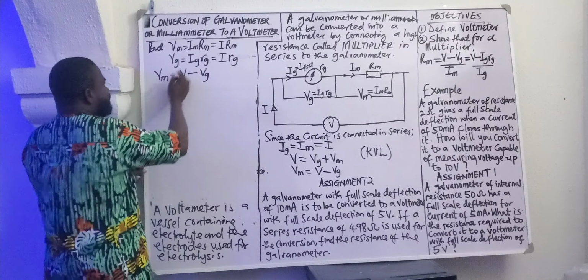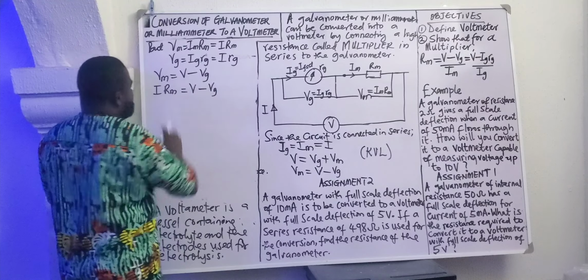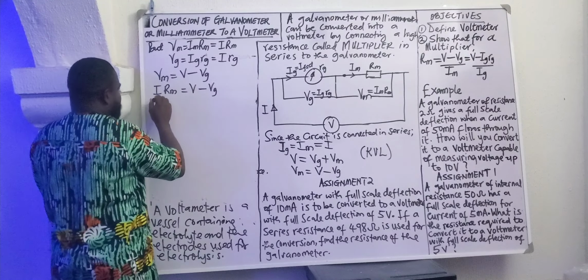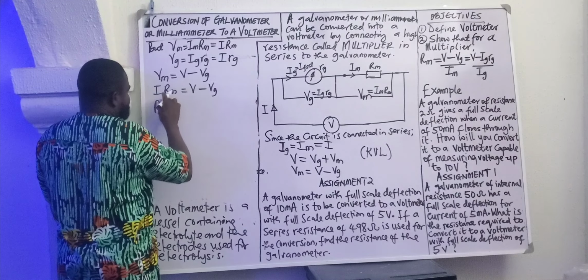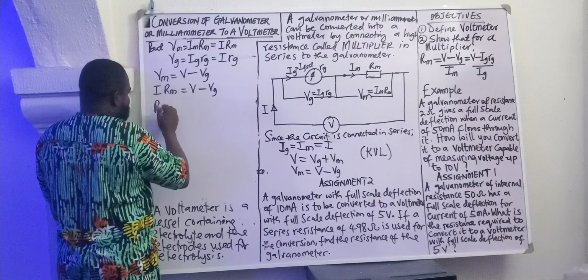So in place of Vm, let me put I R_M is equal to V minus Vg. If I make R_M the subject of formula, I will have R_M equals V minus Vg over I.